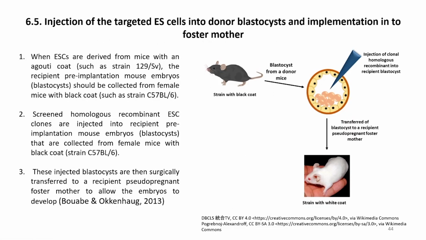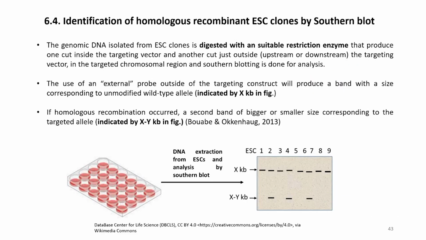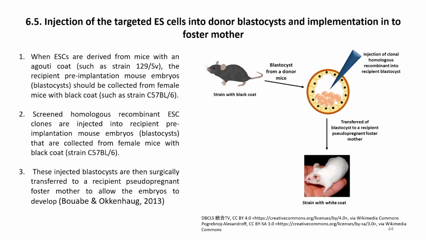Now, we go for the injection of the targeted embryonic stem cells into donor blastocysts and implantation into a foster mother once the successful transfection is confirmed. When the ESCs are derived from mice with an agouti coat, such as the strain 129SV, the recipient pre-implantation mouse embryos should be collected from female mice with black coats, such as strain C57BL/6.